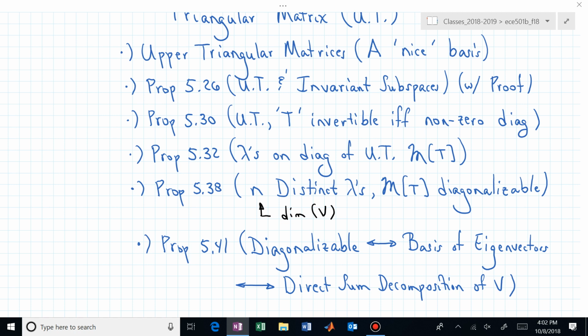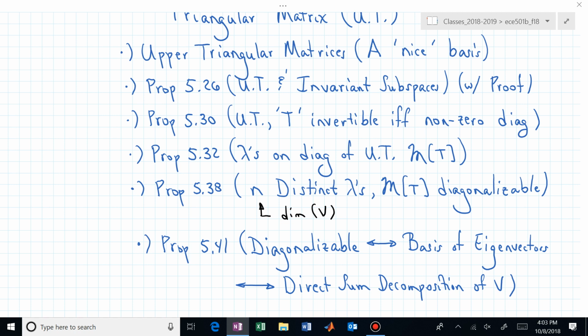532 is that the eigenvalues of your operator are on the diagonal in an upper triangular matrix when we look at its matrix representation. We can also look at the case of when is a matrix representation of an operator even more specialized than upper triangular.